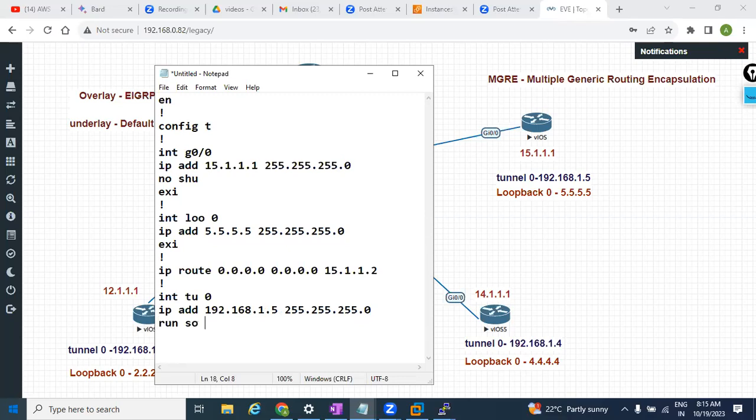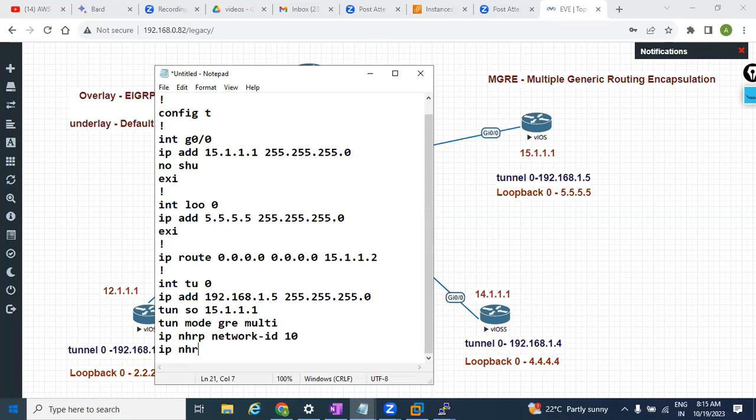Tunnel source would be 15.1.1.1. After that, tunnel mode GRE multipoint, IP NHRP network ID would be 10.